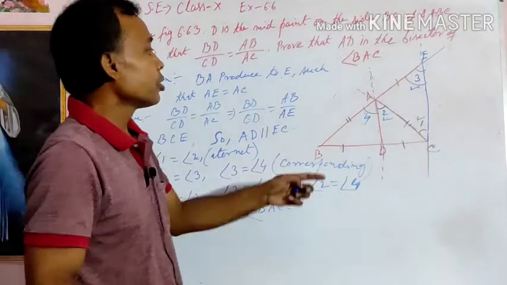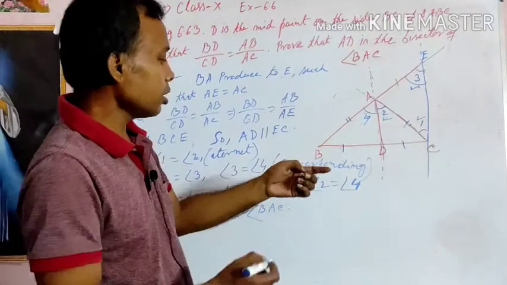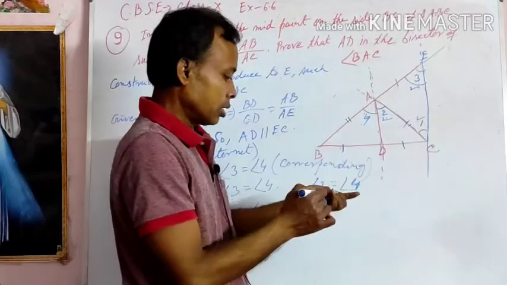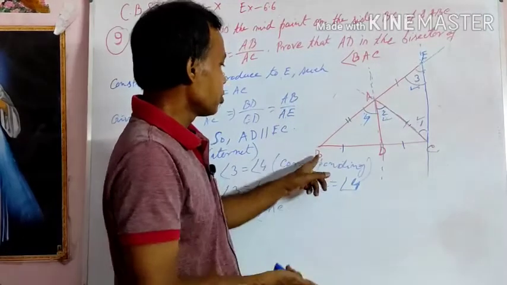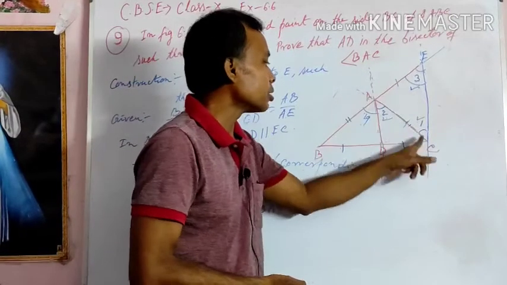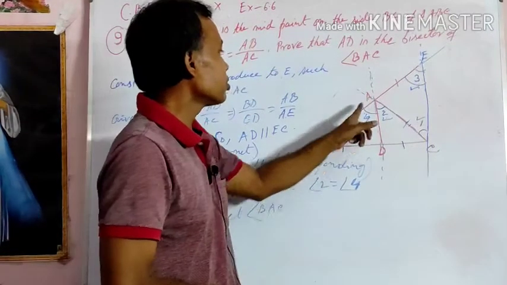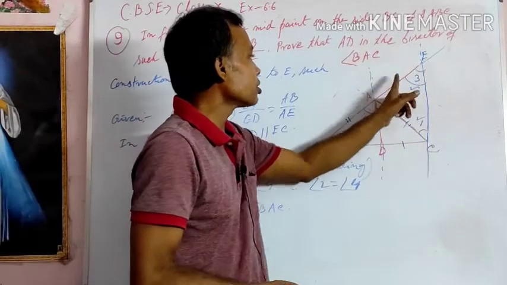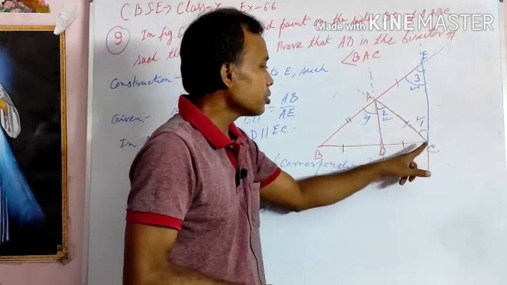So first you have to produce BA to E such that AE is equal to AC.